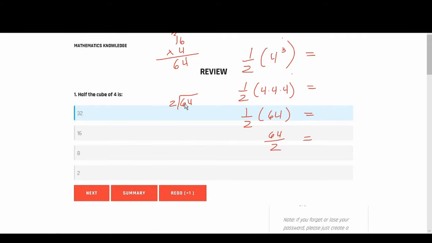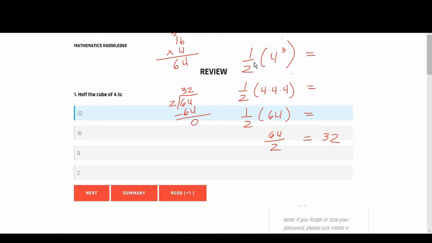Well, 2 goes into 6 evenly 3 times, and 2 goes into 4 evenly 2 times. So 2 times 32 will get you 64 with no remainder. So 64 over 2 is the same as 32.